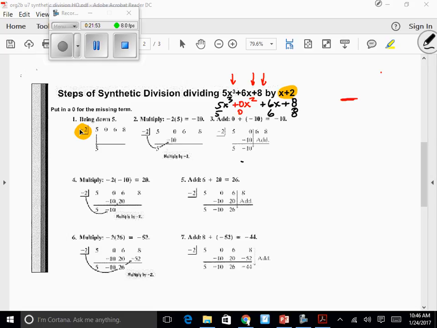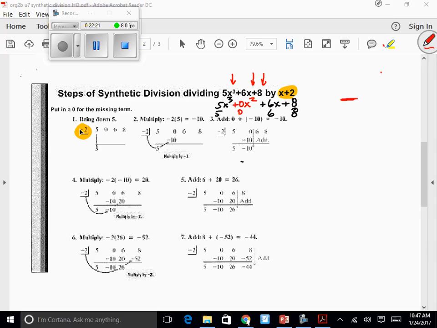I just want to highlight, once it's set up, they're just going to give you all of the steps. So this is the same thing as on the front, except they stretch it all out to tell you every single step. For example, bring down the 5. Highlight just the bring.